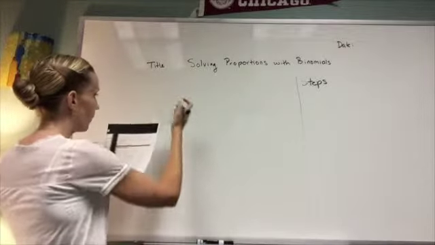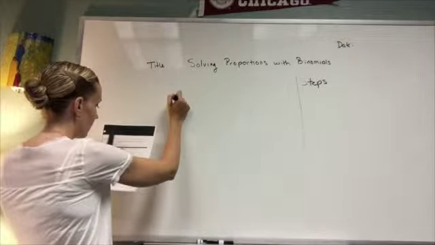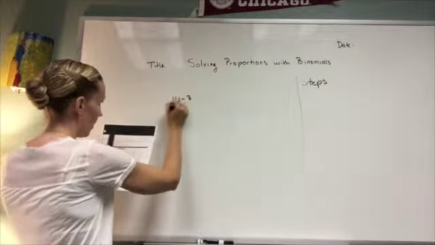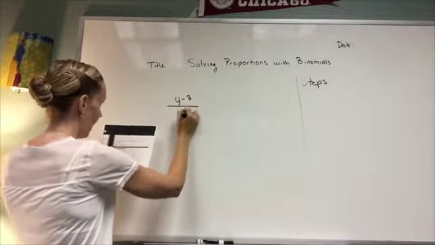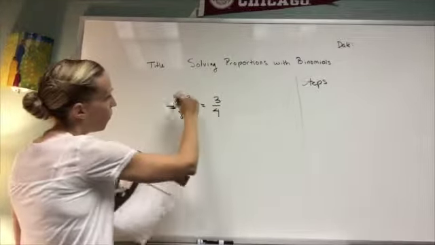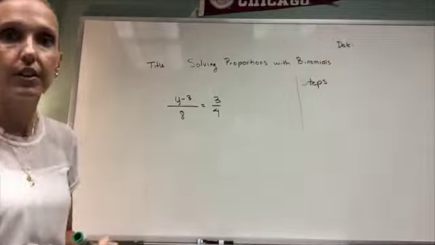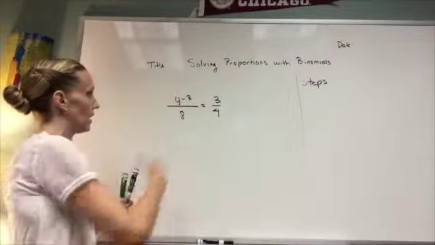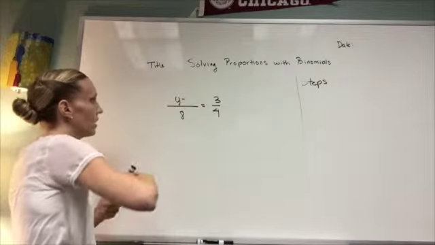Well, this is what one looks like: y minus 3 over 8 equals 3 over 4. Y minus 3 is a binomial because it has two terms. It's separated by a positive or a negative sign, even though that looks like it's raised to a power.